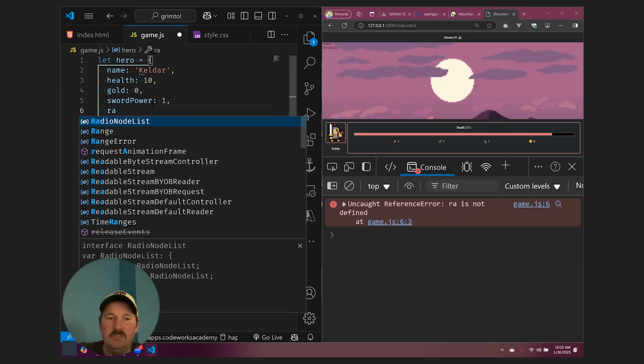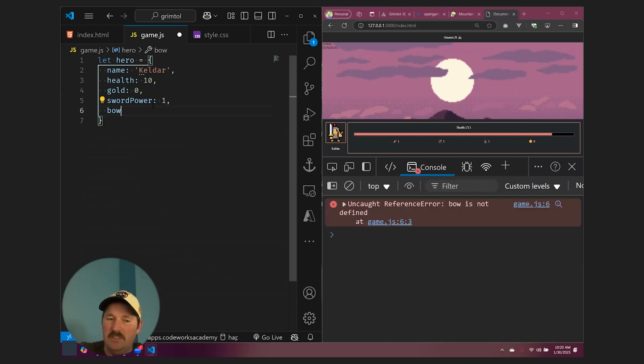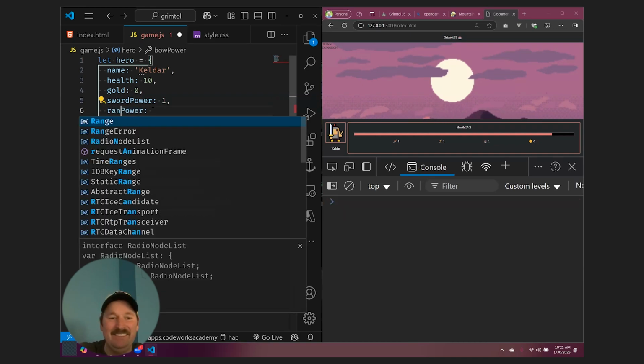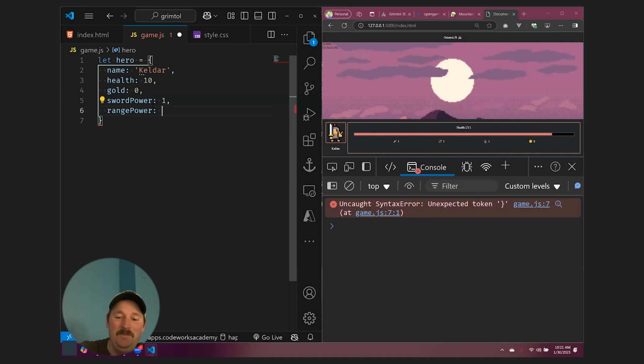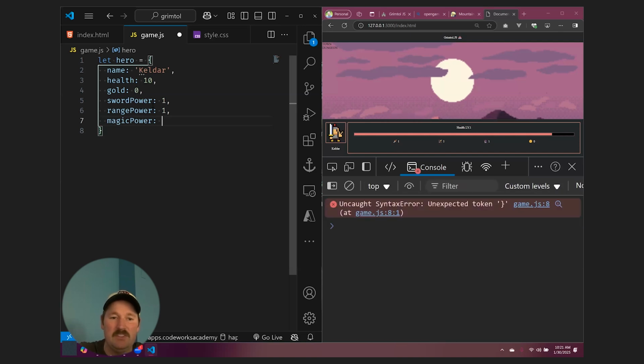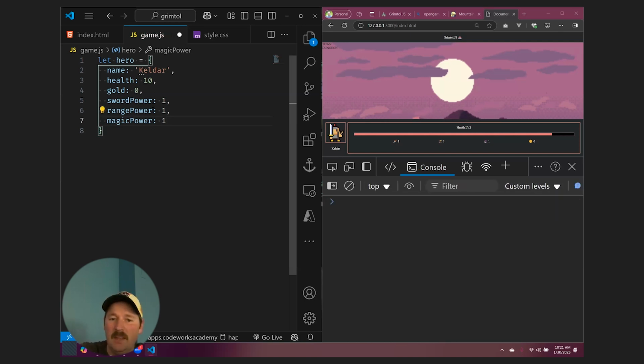Your range, or we'll type in bow, a little easier to type. Your bow power. Yeah, range attack, right? Range power, Power Ranger. Your range power, we'll start that at 1. Your magic power is going to start at 1.